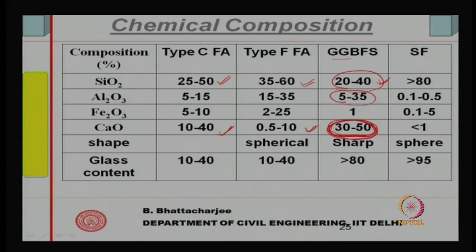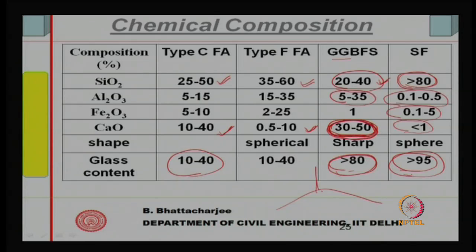Aluminum oxide is 5 to 35, and you see silica fume has large amount of SiO2, everything else is much less. Alumina is small, iron oxide is small, calcium oxide is small, glass content is very high in this, about 95%, whereas this has got 80%, but this has got less, as we could see from the X-ray diffraction diagram, where the area under the curve is much wider at the bottom portion of the curve, and there are much fewer peaks in this.